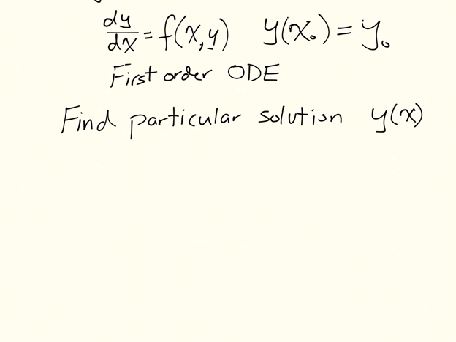Find y as a function of x for this differential equation. And to do that, we're going to leverage a fact that dy/dx is a slope. And it is the change in y over the change in x. And the other key part of that is that this is known.